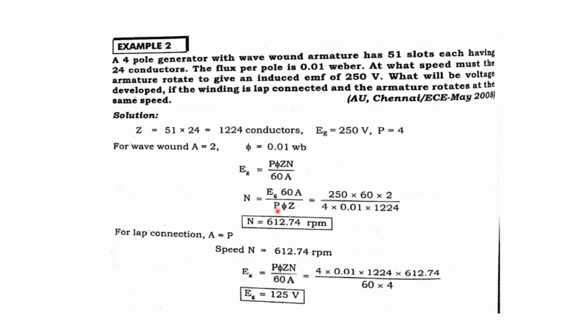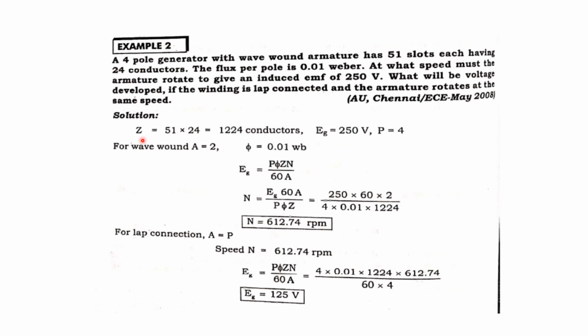Once after finding the speed, we must apply that same speed to the lap wound DC generator and find the induced EMF. So there are two things to find from this problem: first, the speed from the wave wound DC generator, and second, the EMF induced in the lap wound DC generator.